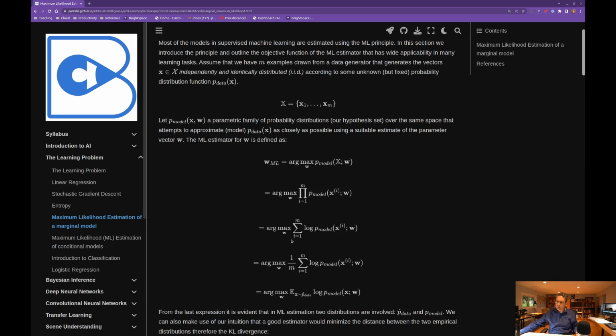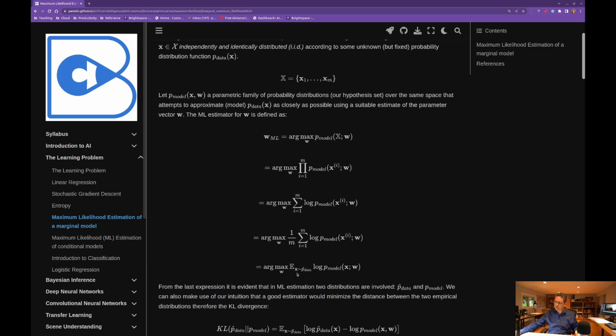We worked in the log domain, as we discussed, converting the objective function into a sum. We replaced P model with a Gaussian P model, and we have reached this point where we have a negative log likelihood that we need to optimize. In fact, this negative log likelihood can be written very generically as an expectation. Instead of a sample mean, we have an expectation over all of our samples X that someone gave us out of this P data hat distribution.